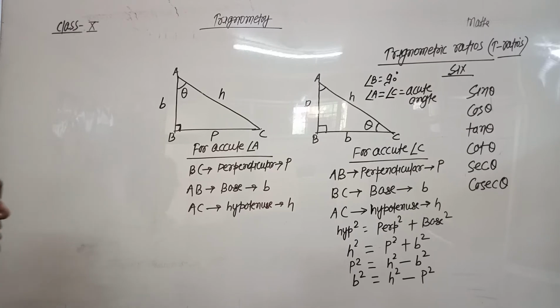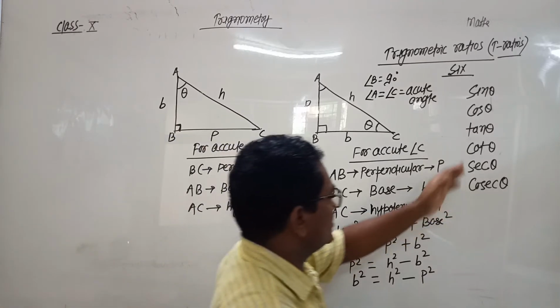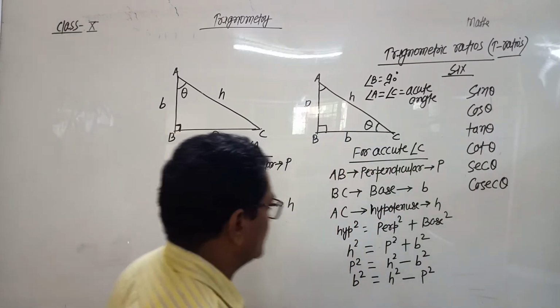Now, the formulas for the 6 trigonometric ratios.